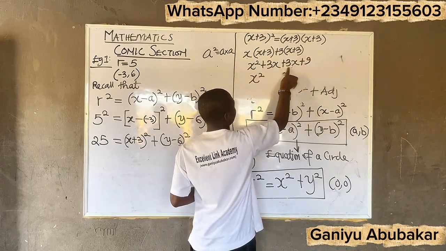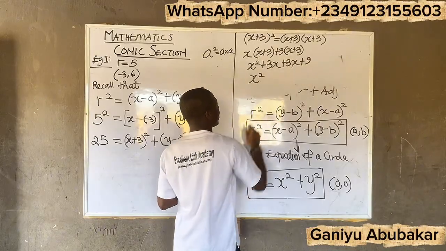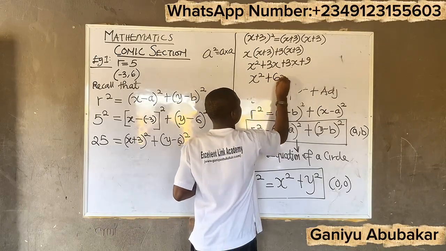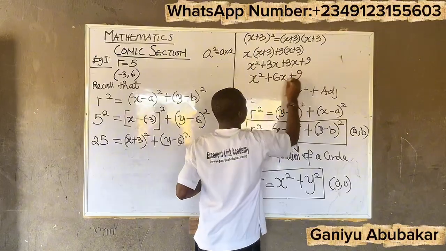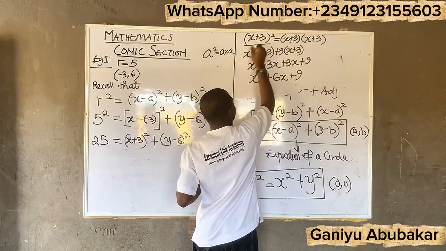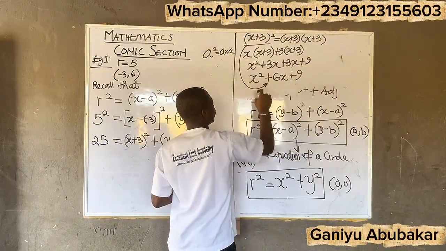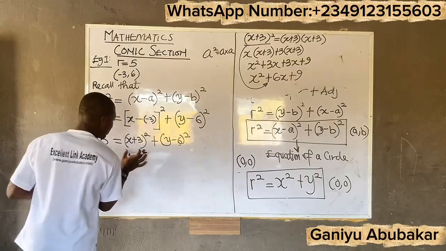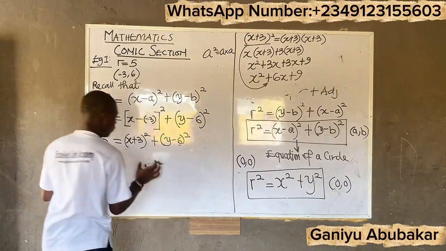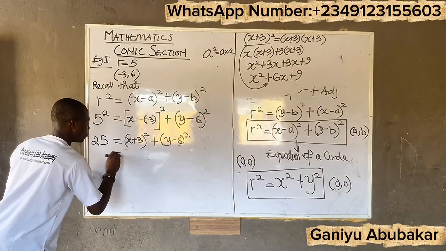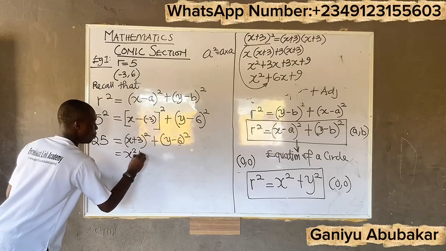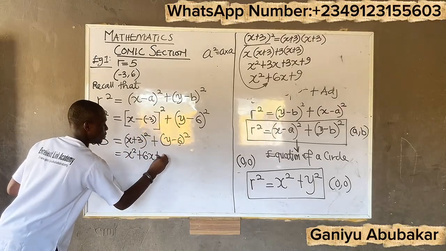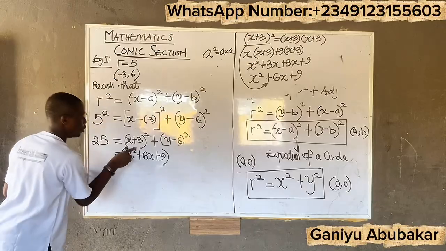Observe 3x plus 3x, they are like terms, that gives you plus 6x plus 9. So after expanding this, my answer is this. I'll insert this answer for this part alone, so that gives you x squared plus 6x plus 9. That's for this one here.